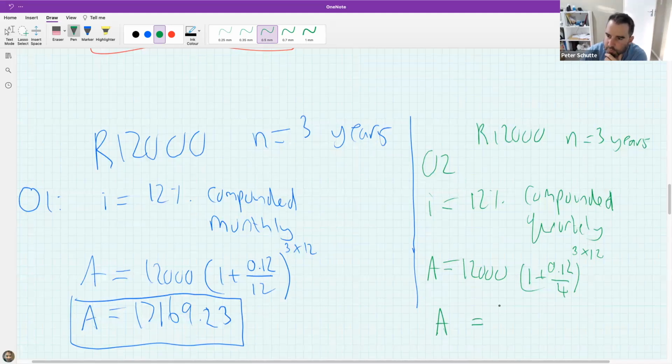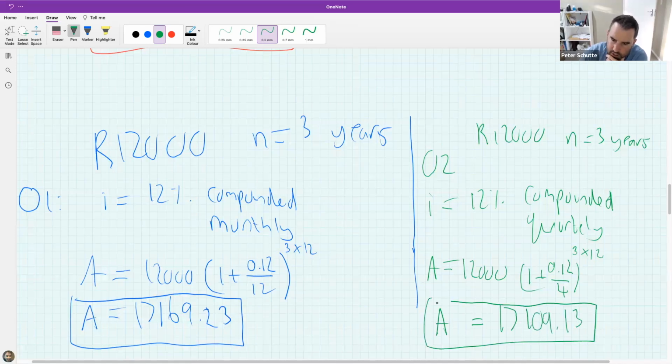It seems like for option two, we're getting 17,109.13.